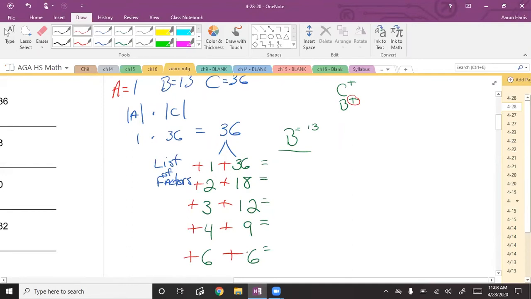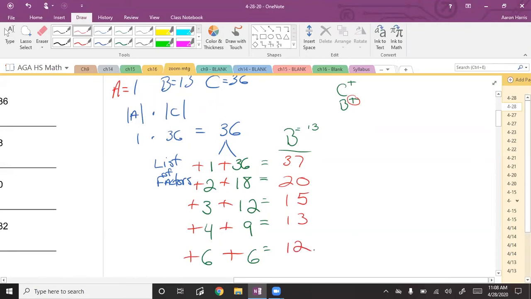So now 1 plus 36 is what? 37. 2 and 18? 20. 3 and 12? 15. 4 and 9? 13. 6 and 6? 12.